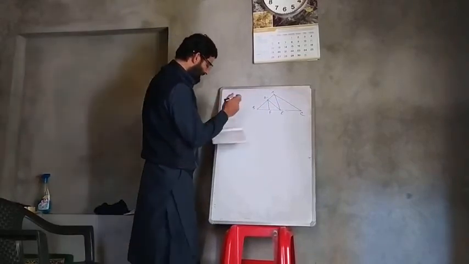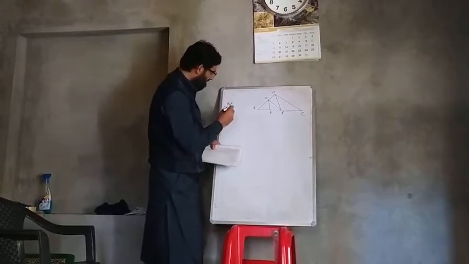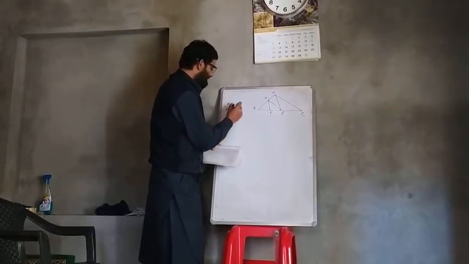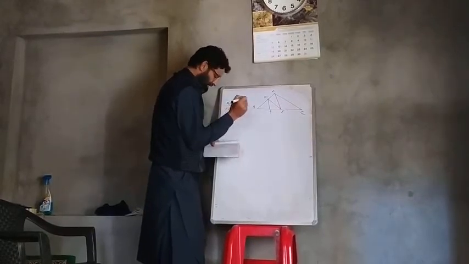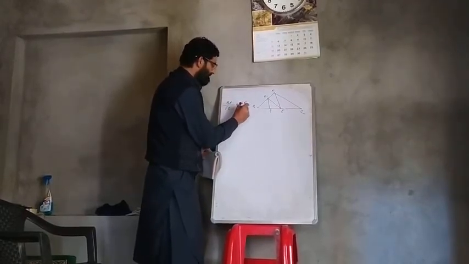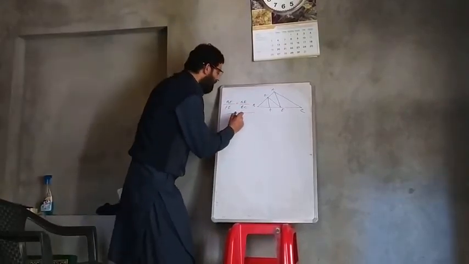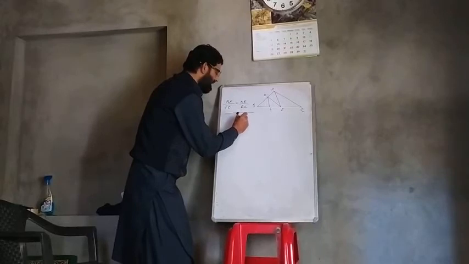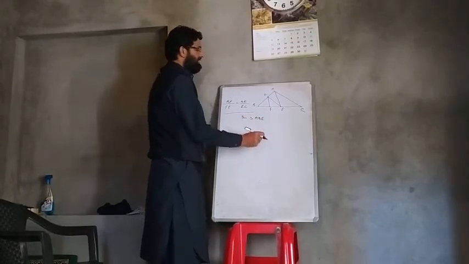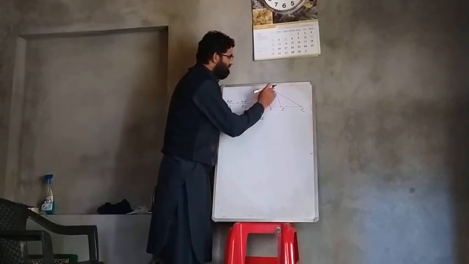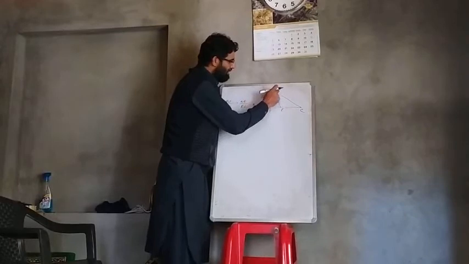We have to prove that BF divided by FE is equal to BE divided by EC. Now let's take triangle ABE. This time DF is parallel to AE.